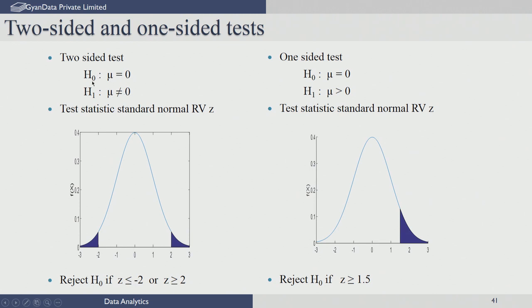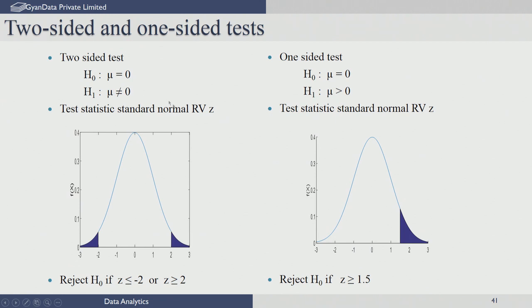So, the null hypothesis is the population parameter is 0, and the alternative is the population mean is not equal to 0. You observe some set of observations from this particular population.